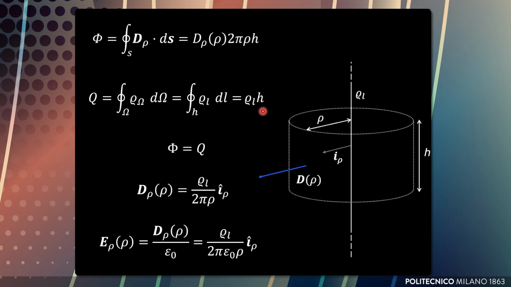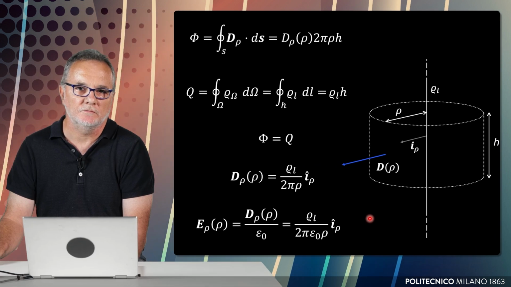This can be written as the linear charge density rho L times the length h of this volume along the z direction. Therefore, we have a way to compute the expression of D rho, and therefore of D, produced by a linear charge density of infinite extent and constant value. The expression is given here, and it has been simply obtained by the application of Gauss' law.